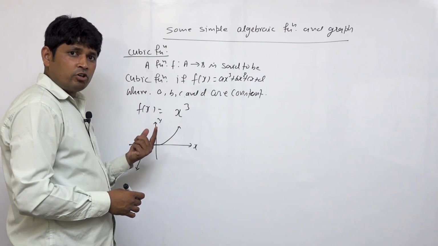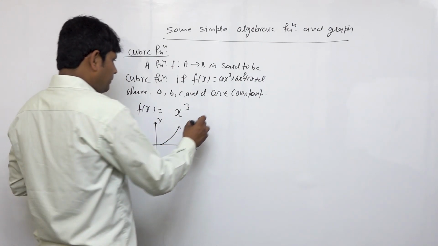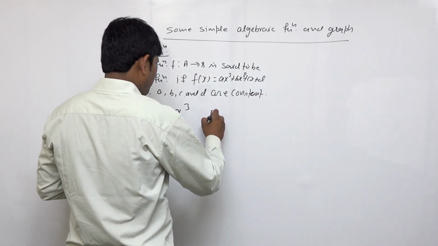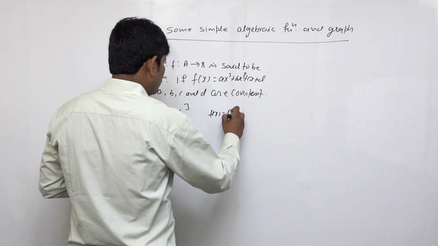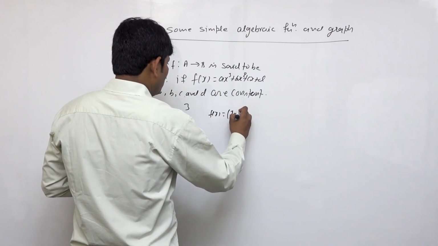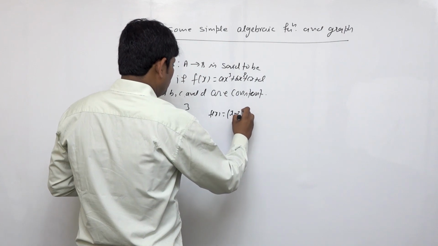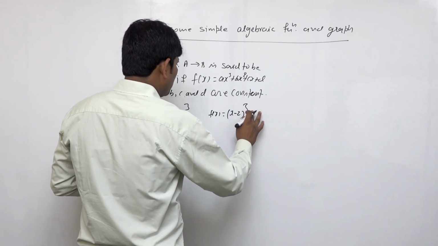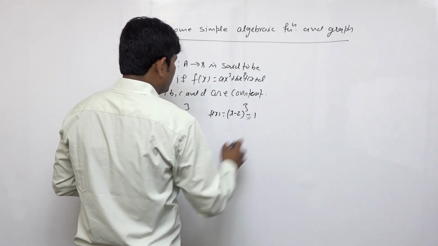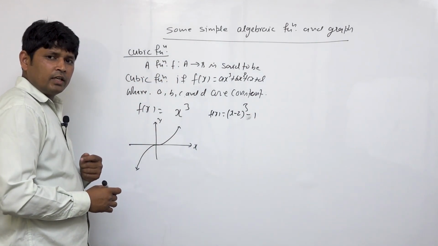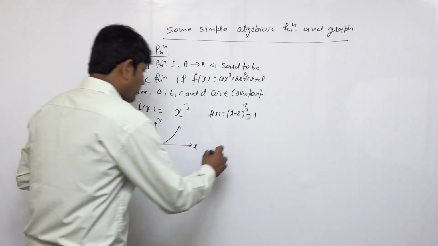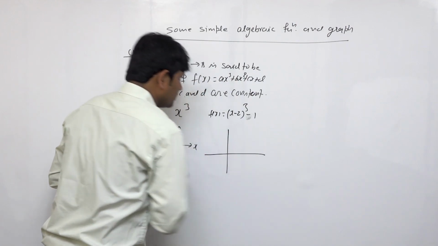Same type as I drew for the quadratic. Suppose f(x) is equal to (x minus 2) whole cube minus 1. Then how can we draw that? The same process can be applied here.